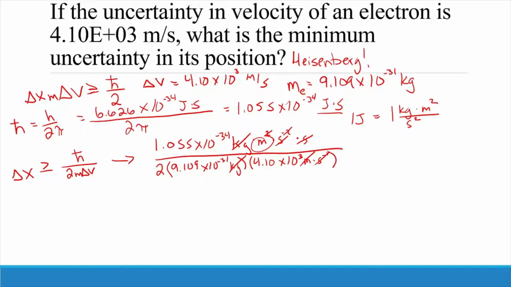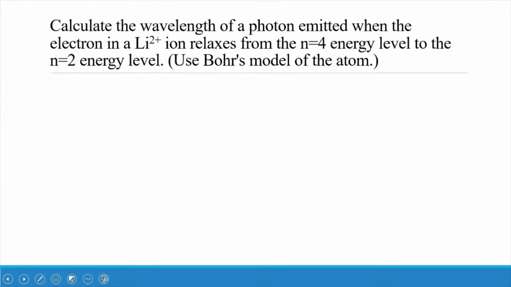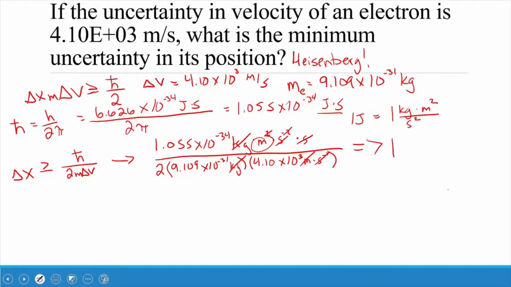So when you plug all this into your calculator, we get 1.412 times 10 to the... or I'm sorry, not to the first power, I can't read my own writing sometimes. 1.412 times 10 to the, I think, negative 8th.